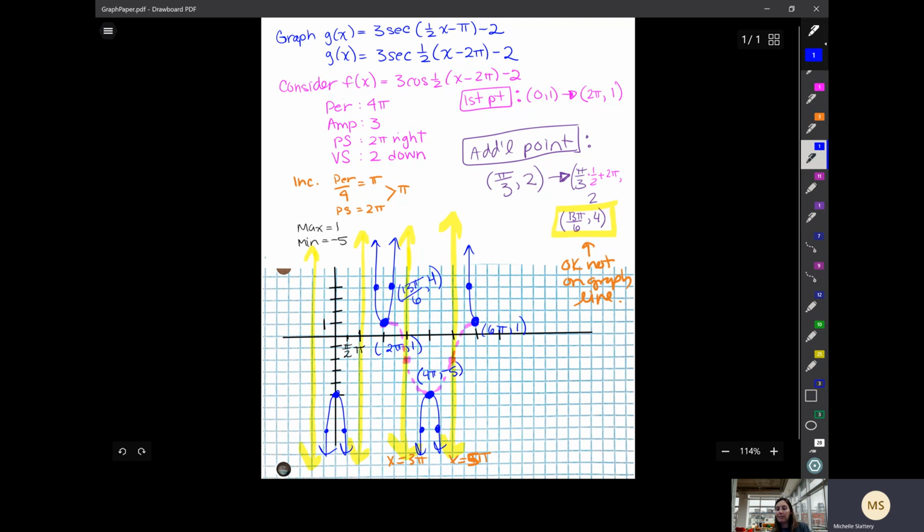And making as much of the graph as you need. And so here I have 1 full period. So this is representing 1 full period between these asymptotes. Okay, and then I have an additional kind of 3/4 of a period in here. And there's the graph for g of x equals 3 secant of 1/2 x minus pi minus 2.